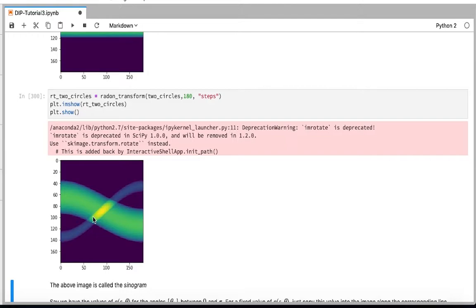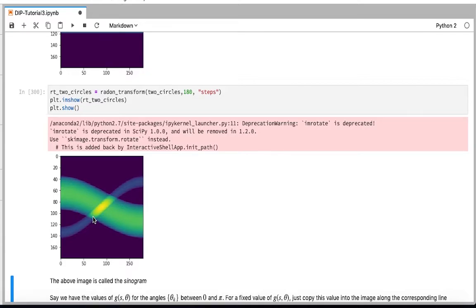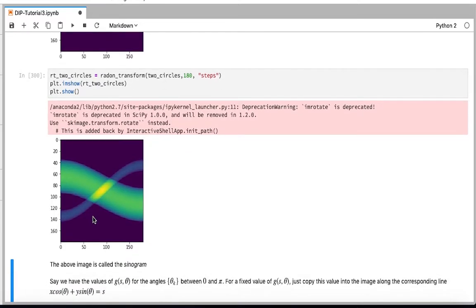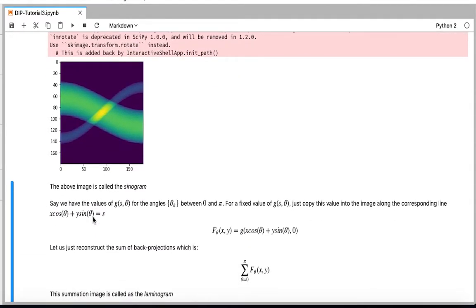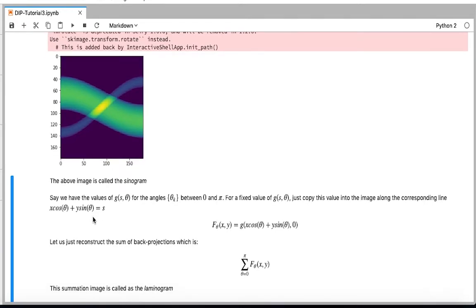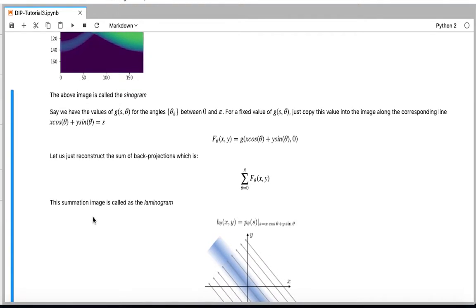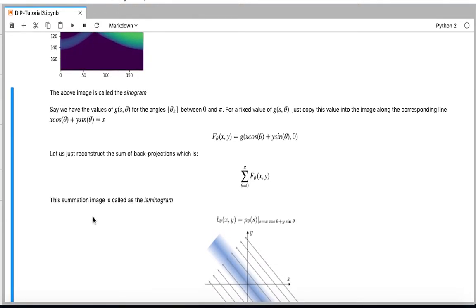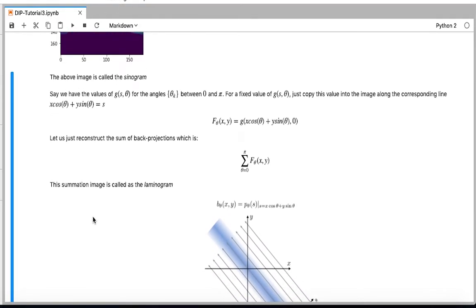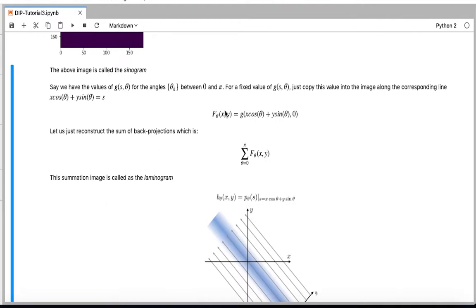As they come closer, you see one occludes the other, and they cross each other, right? So both diagrams shown above are called sinograms.